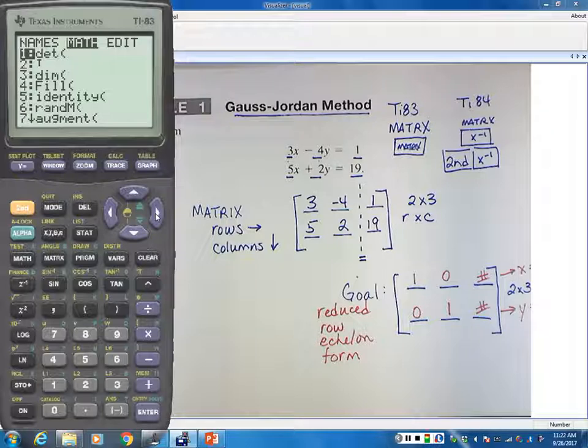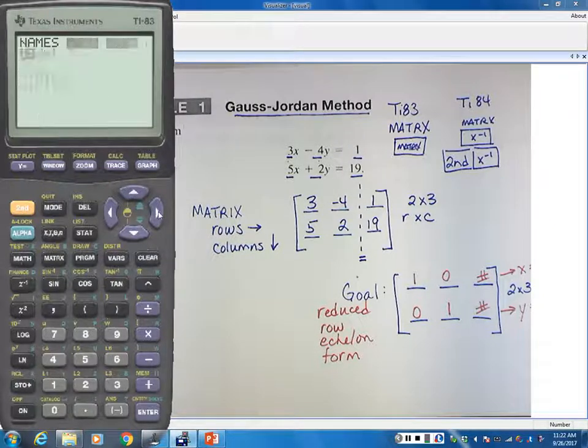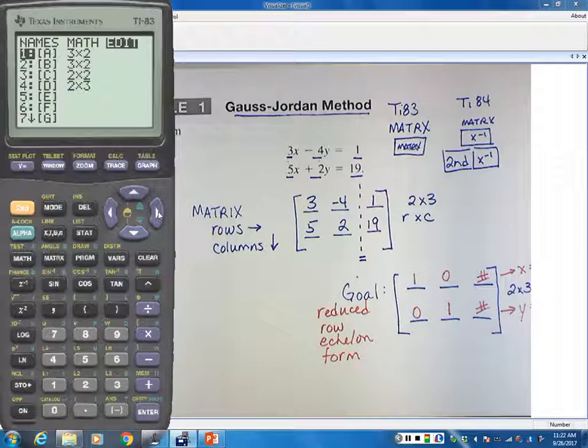Most of these you will never use. They use all of these in linear algebra. But we're not going to be engineers, so we're not going to do linear algebra. If you go over one more, it says edit. That's always going to be the first place we're going to go, is we're going to edit the matrix. So we're going to choose matrix A, because it's at the top, and why not?